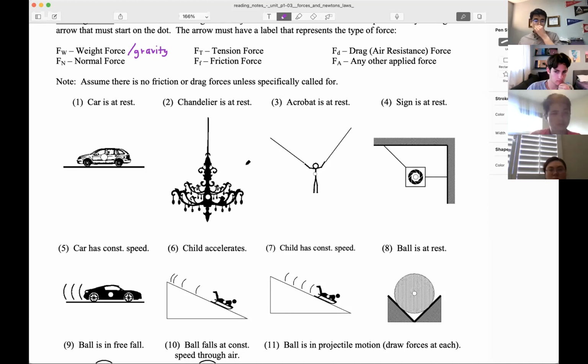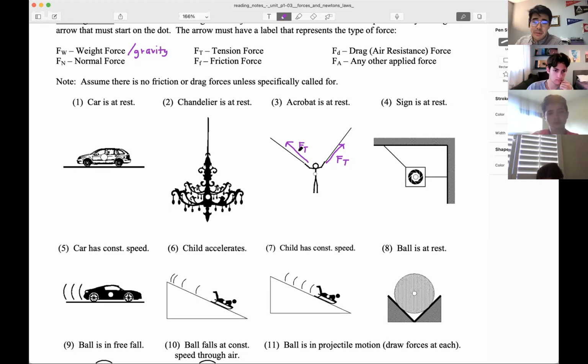On some of them, just remember that when they want the free body diagram, they do not want you to break it up into components. So for example, number 3, you would draw this, and these would be labeled tension. You could use capital T or F sub T. The one thing they want to be very picky about is that you draw the arrows with the right length or magnitude so that they look balanced.